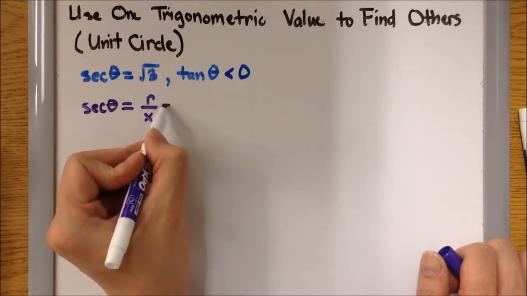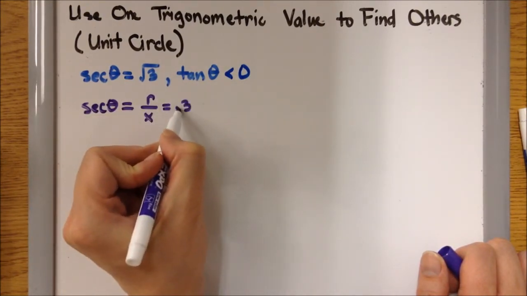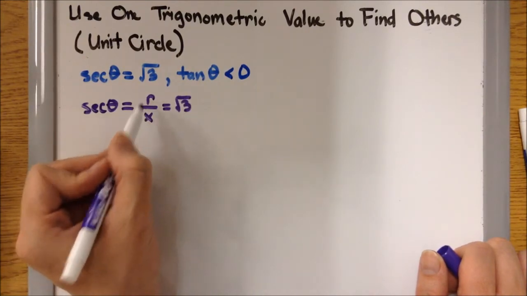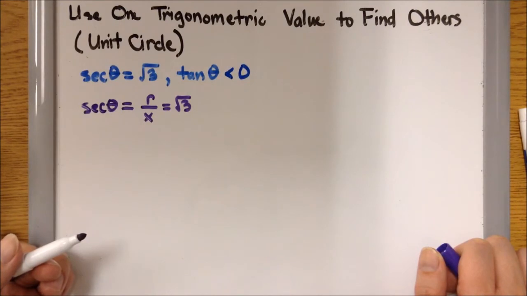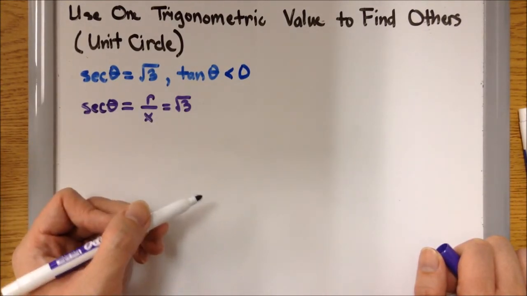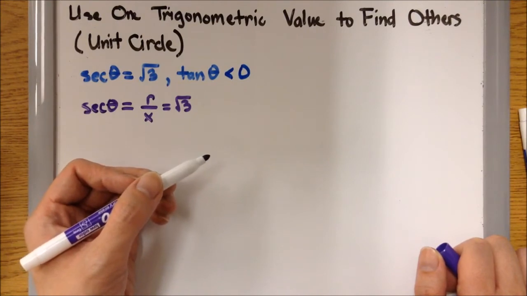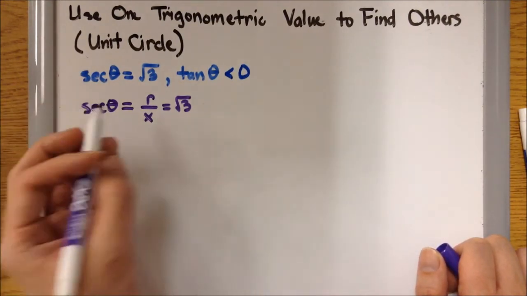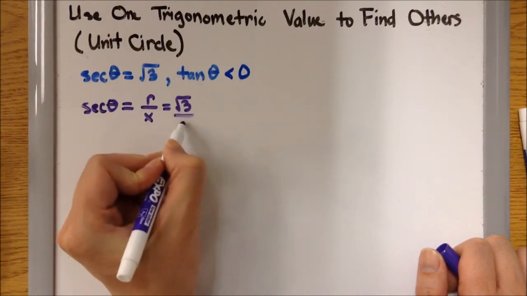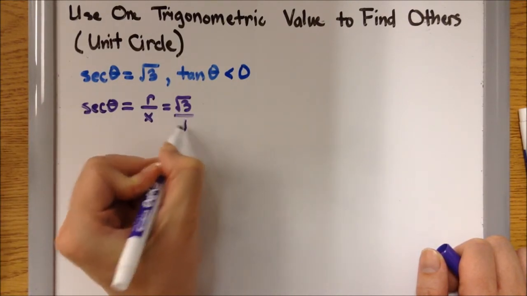So, if it's supposed to equal the square root of 3, and secant theta is a fraction, how would I change secant theta into a fraction? All we would simply say is to just put it over 1.